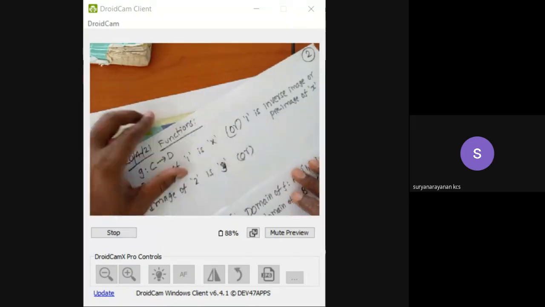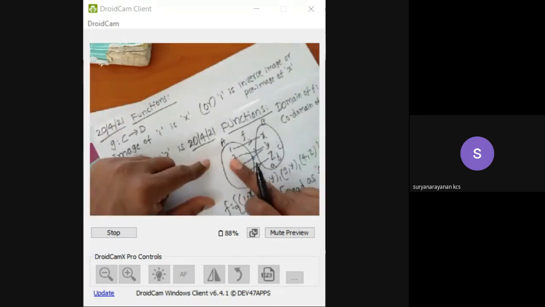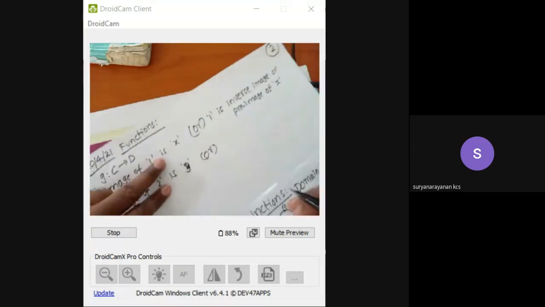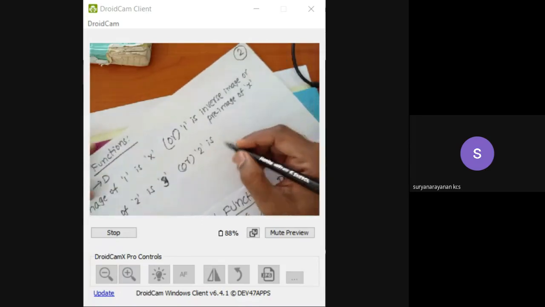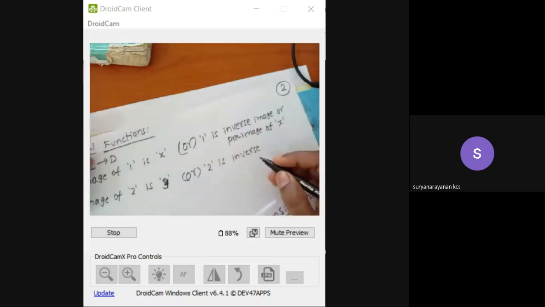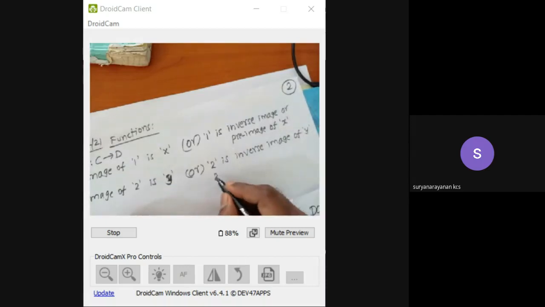What is 2 called here? Pre-image. Okay, remember this point. 2 is called pre-image or inverse image.